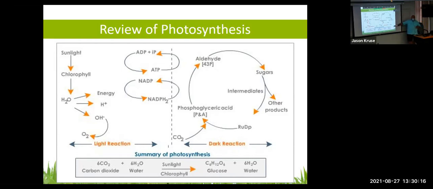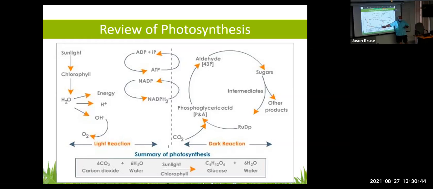Might be good to know that photosynthesis takes carbon dioxide and water, you add some sunlight, you get some carbohydrates out of it. I'm not even going to test you at this level. But everything that we talk about with managing turfgrasses depends heavily on this process, okay? A lot of this, go study it somewhere else. I'm not one to teach you this.